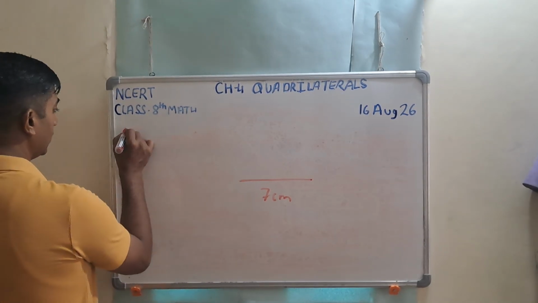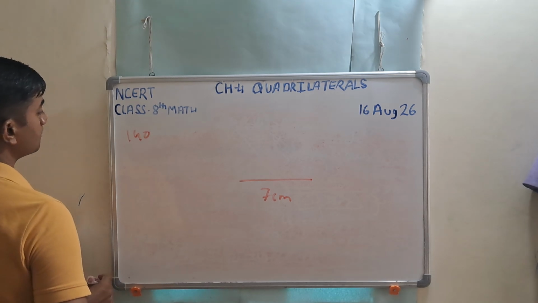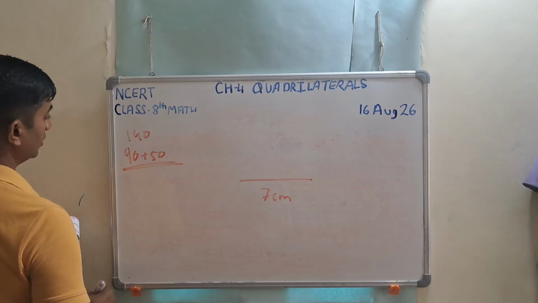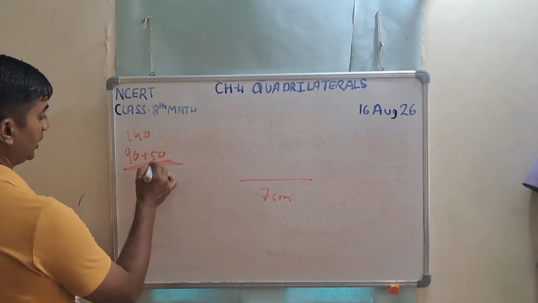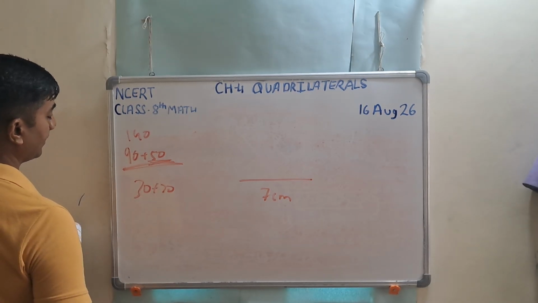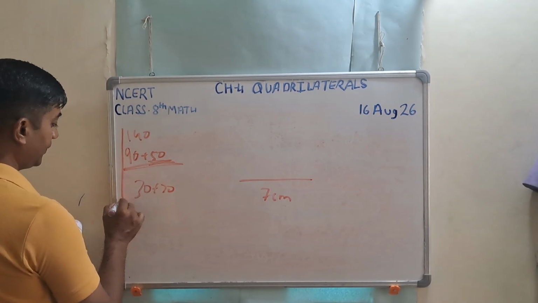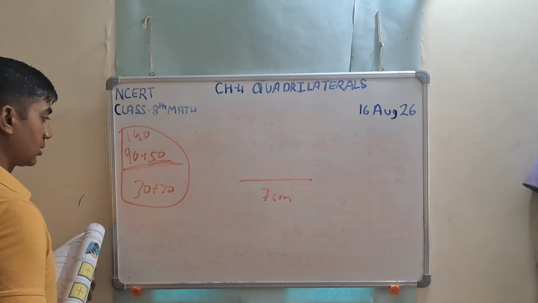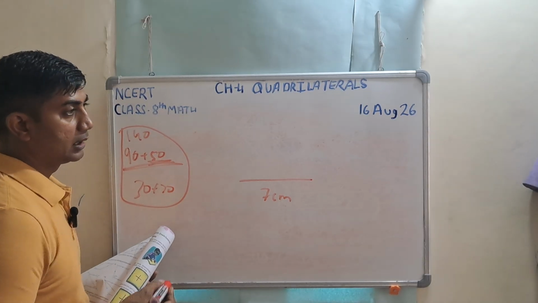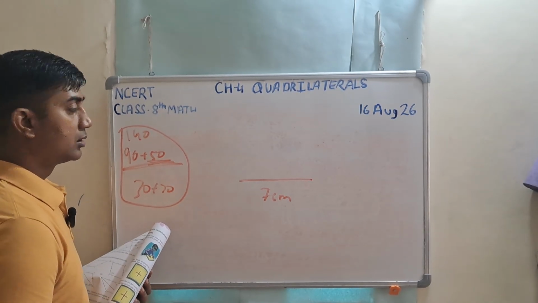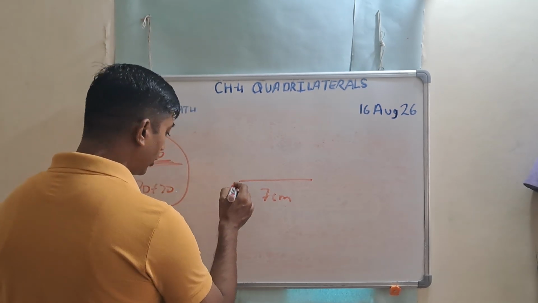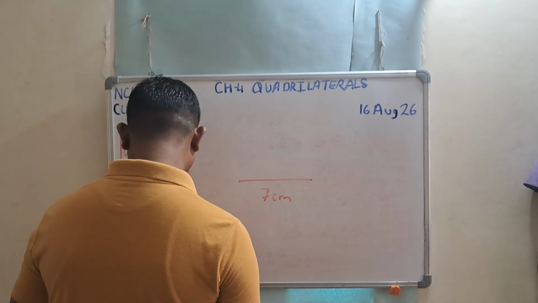Understood? Now this is 140, and we see 90 plus 50, and this 50, if we say 30 plus 20. Now with the help of a compass it is difficult to draw, and you can draw it by using your protractor. You place your protractor here and draw an angle of 140.